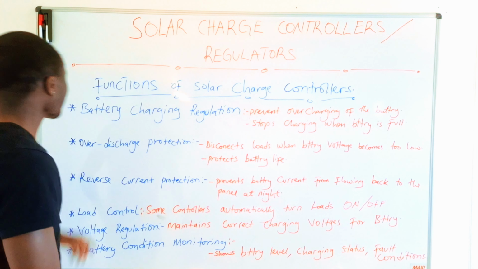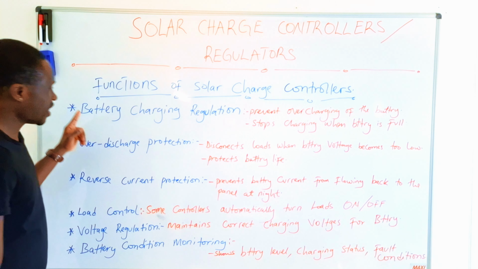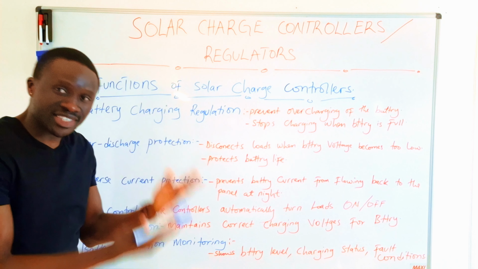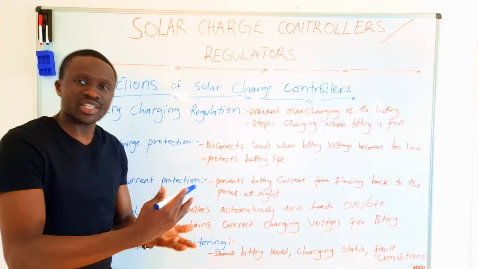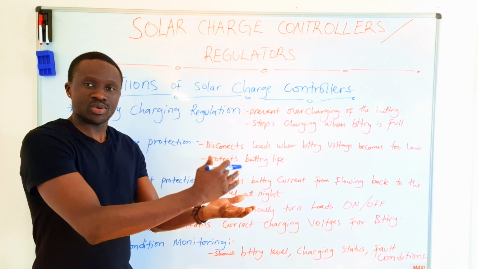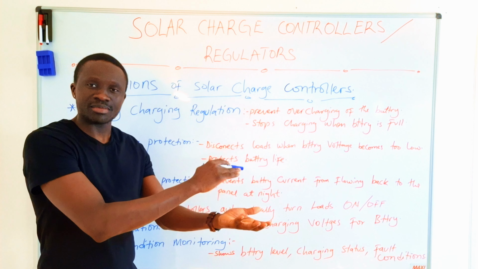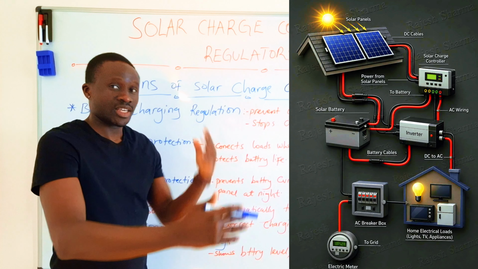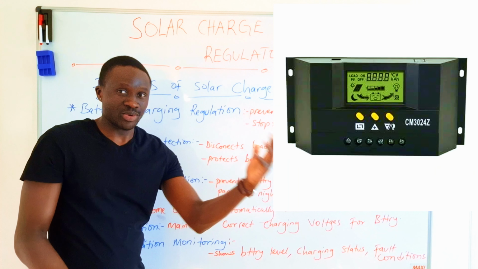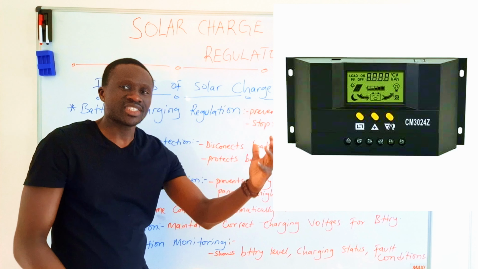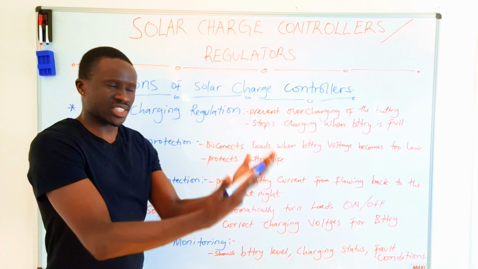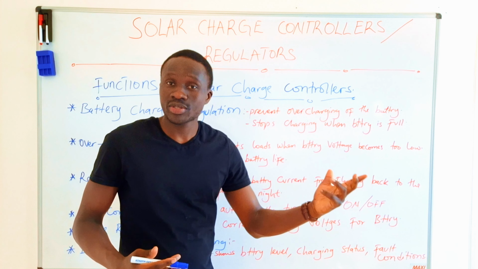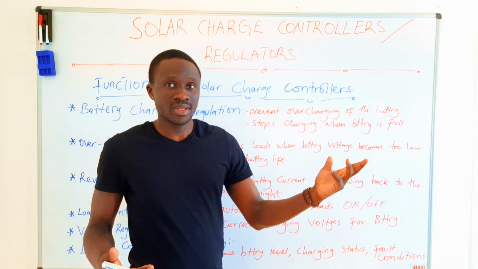Let us begin with its function. What is the use of a charge controller in our system? Its function is to manage the solar system: the solar panel, the battery, and the loads. Can I use these solar panels without this solar regulator?